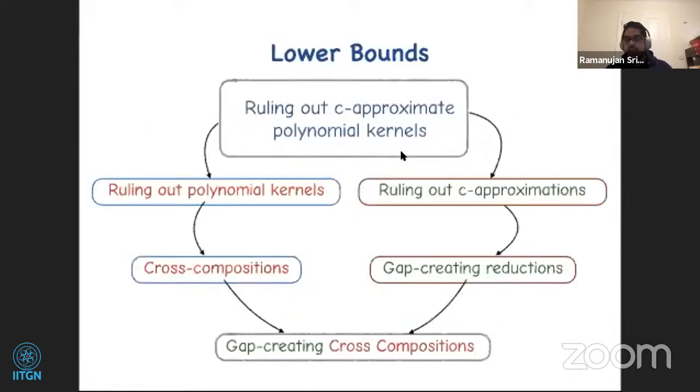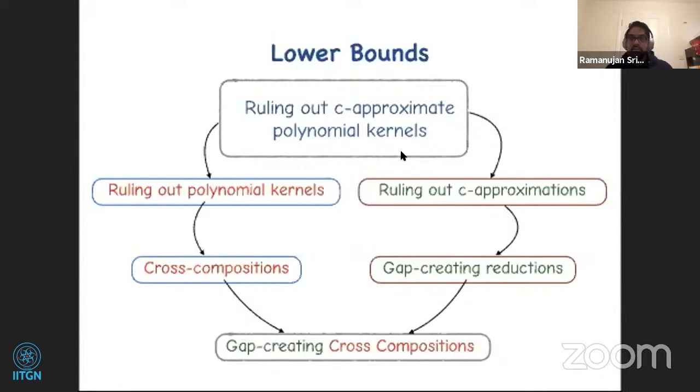Ruling out C approximate polynomial kernels is inspired by ruling out polynomial kernels using cross compositions, and ruling out C approximations using gap creating reductions. These are two classical approaches for lower bounds in these two domains.